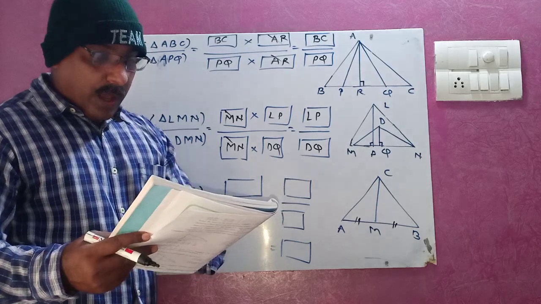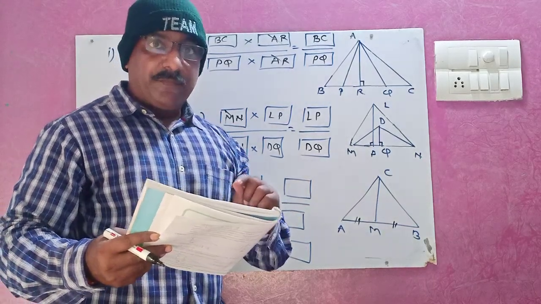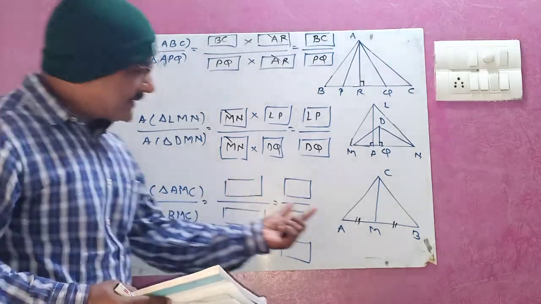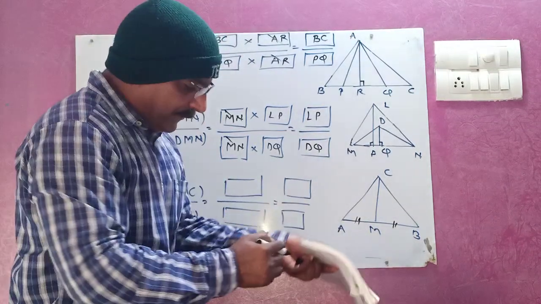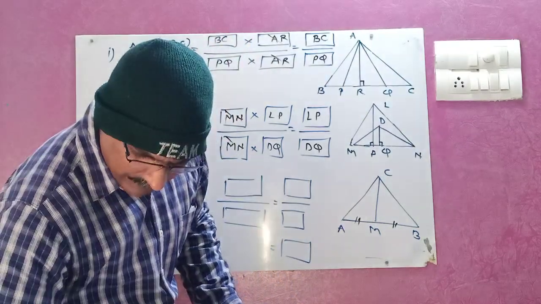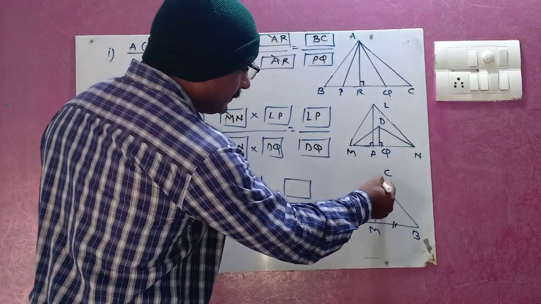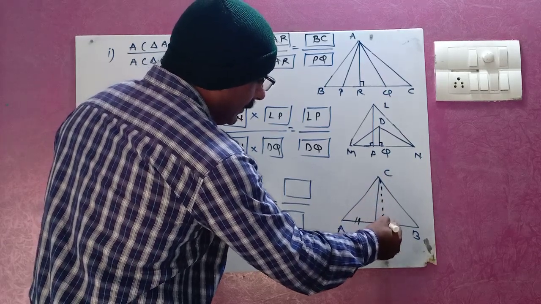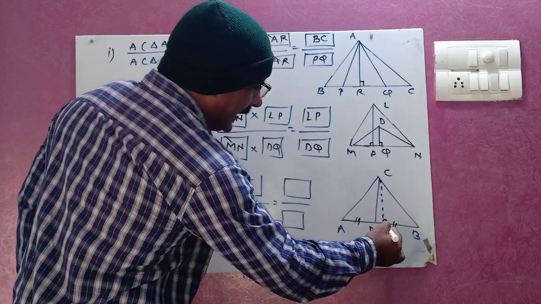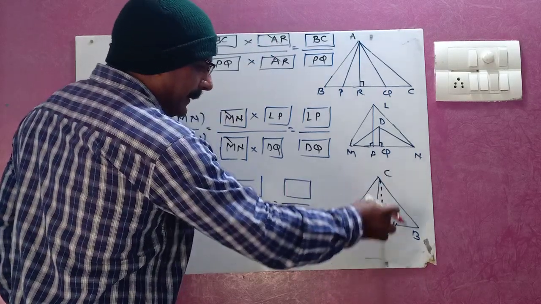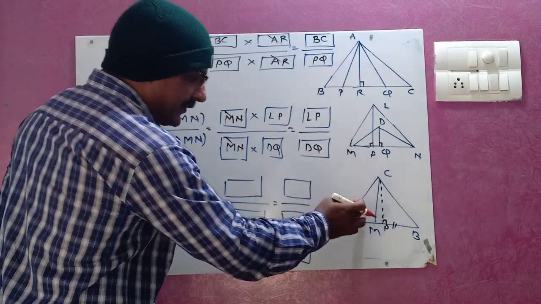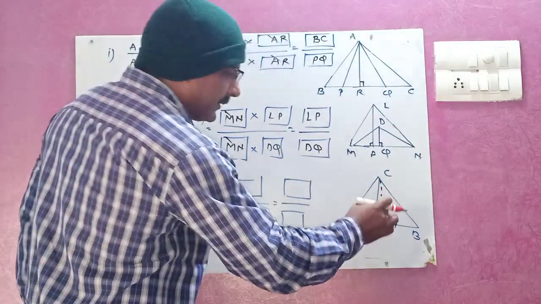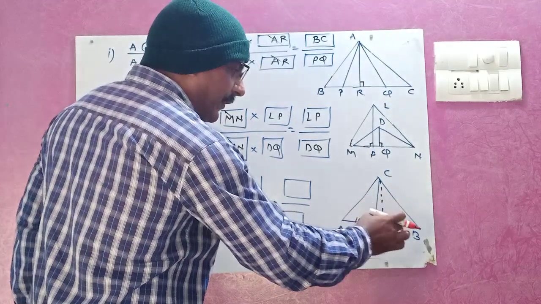Then you have to find the area of triangle AMC. Because the height is not given, if you draw the height in this case, let's draw a perpendicular from here. Let this be P. CP is the height of triangle AMC as well as the height of triangle BMC.